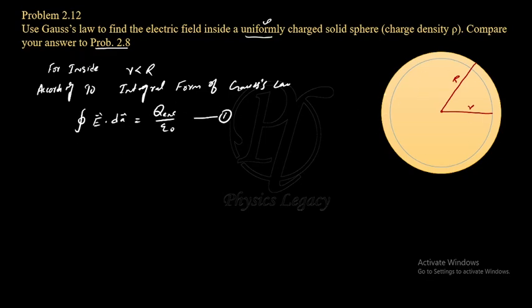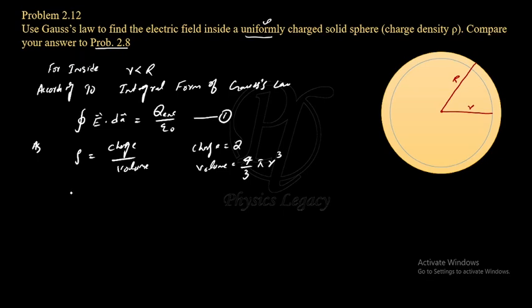That can be calculated by the volume charge distribution, as rho is equal to charge per unit volume. In this case, charge is equal to Q and volume is equal to the volume of a sphere, that is equal to 4 over 3 pi r cube.